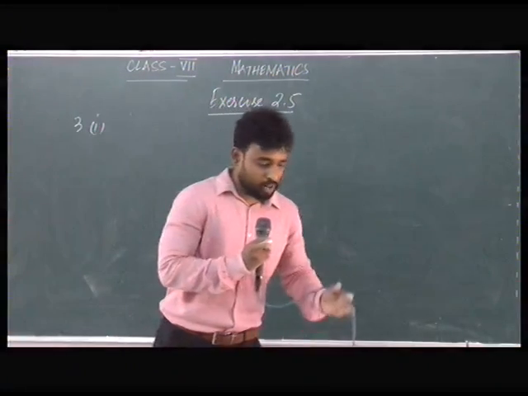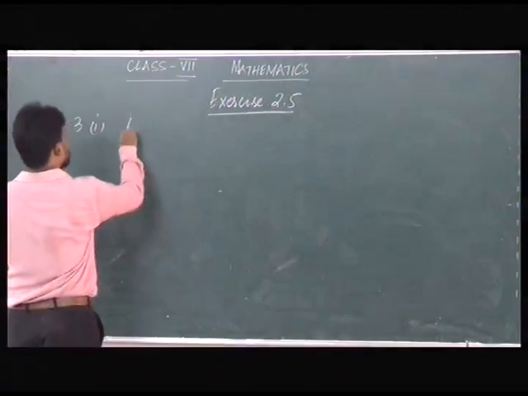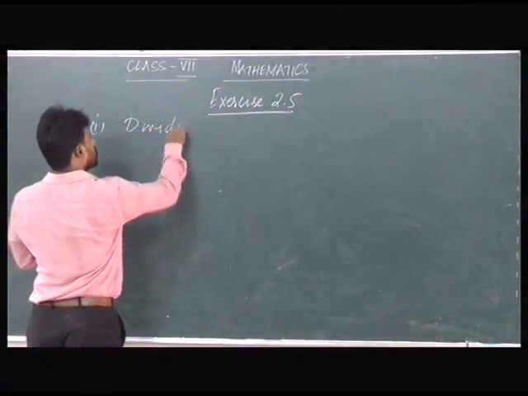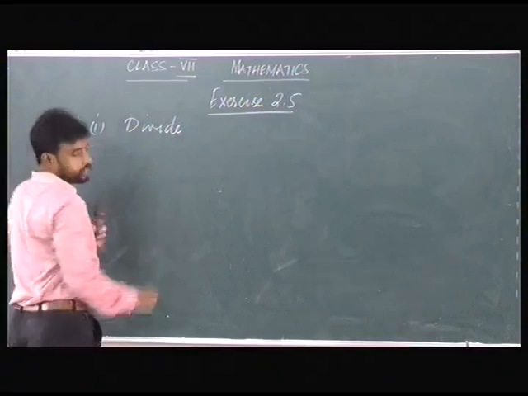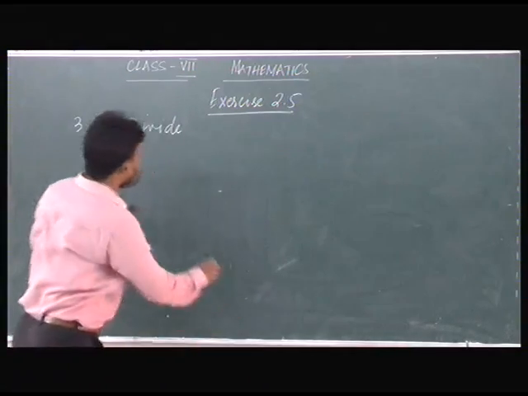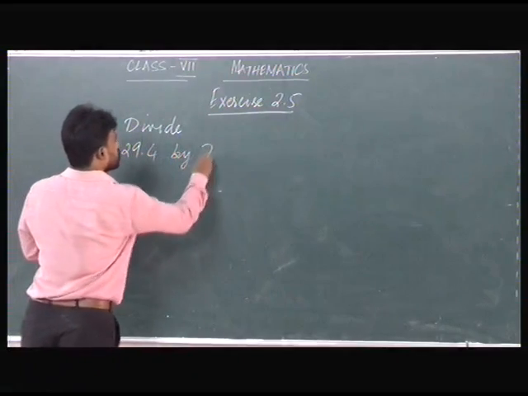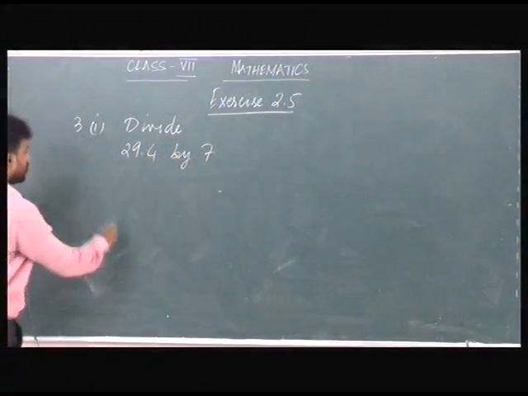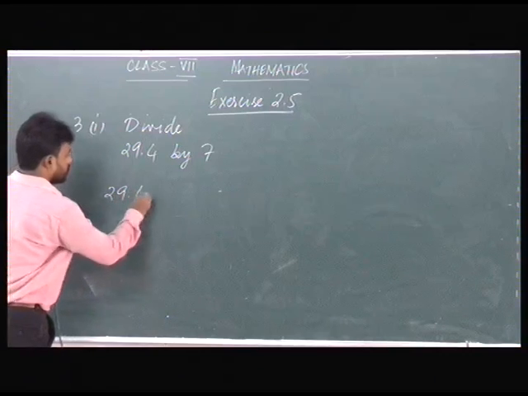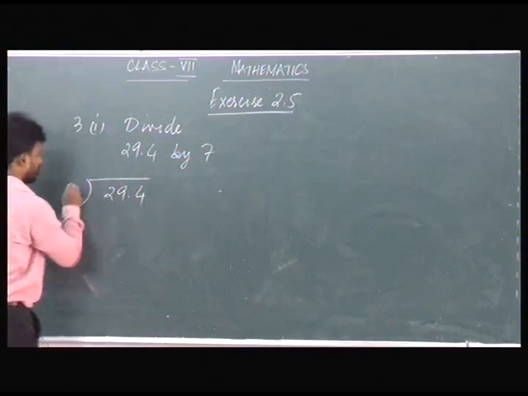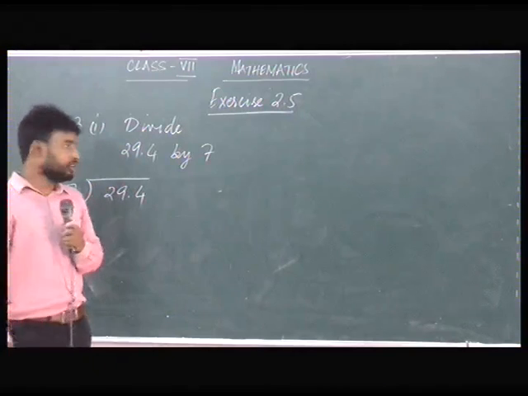It is divide. We have 29.4 by 7. So let us divide. It has to be divided by 7.